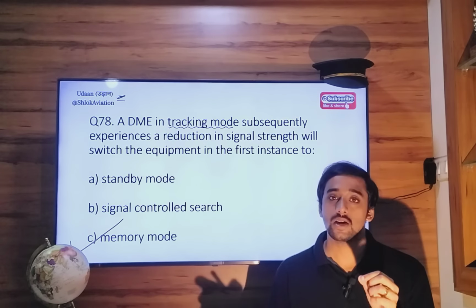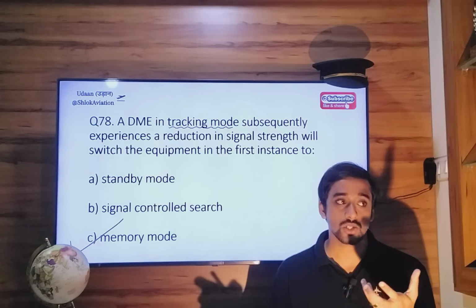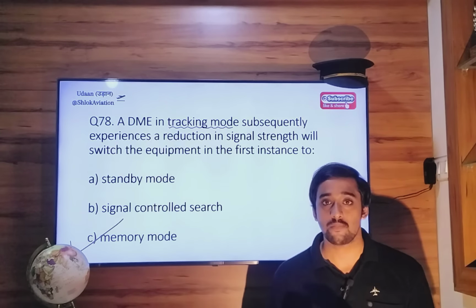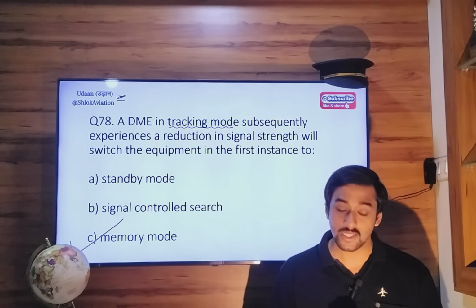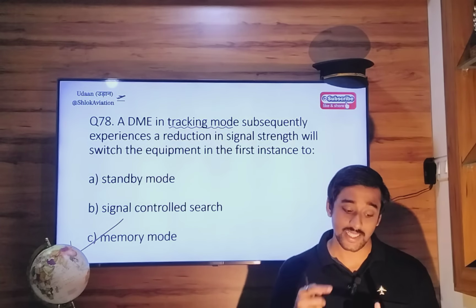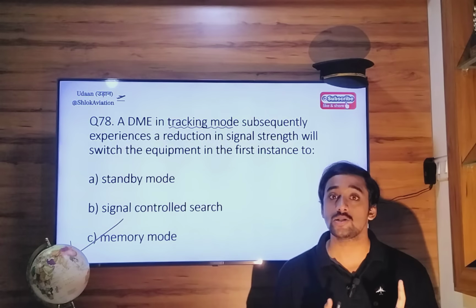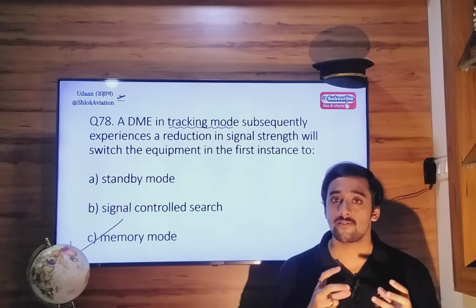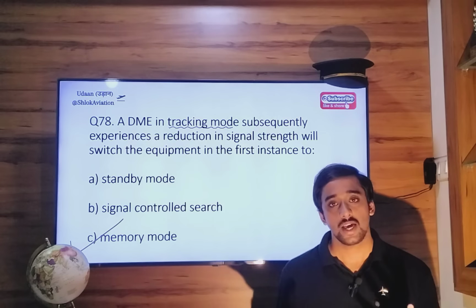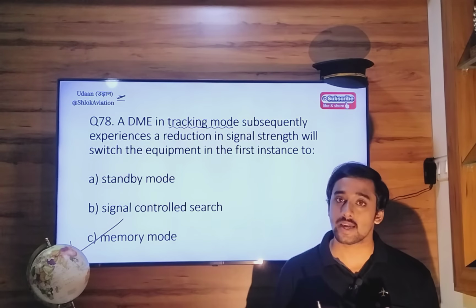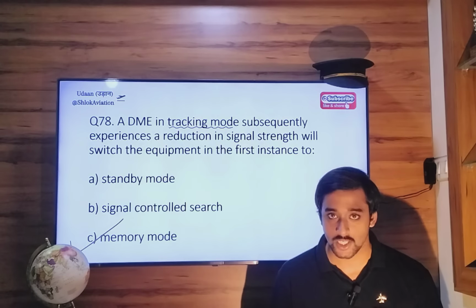If this attempt to achieve a lock on again with the ground station doesn't happen successfully, then in the second instance the DME goes back to search mode. In the search mode, it will start searching for favorable DME ground stations, and with whichever DME ground station it achieves a lock on, it will start tracking with respect to that station.